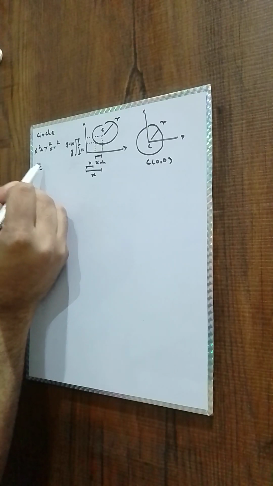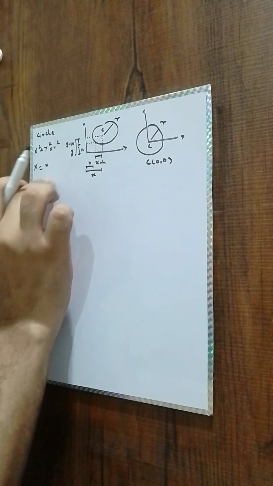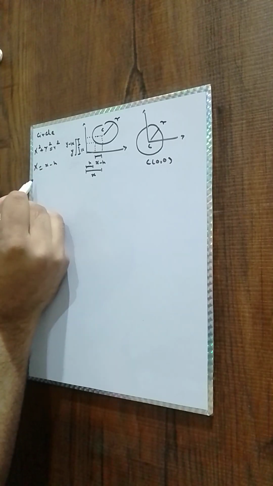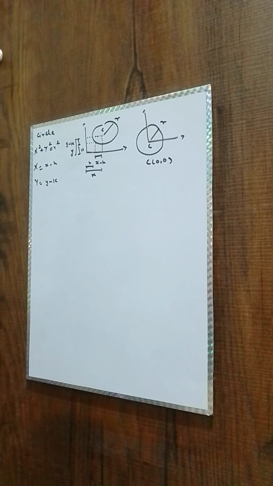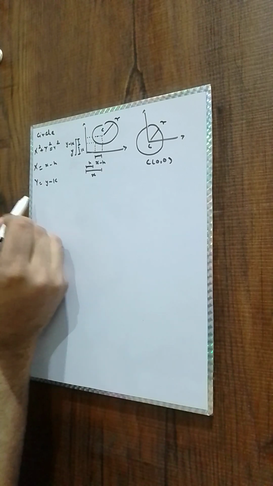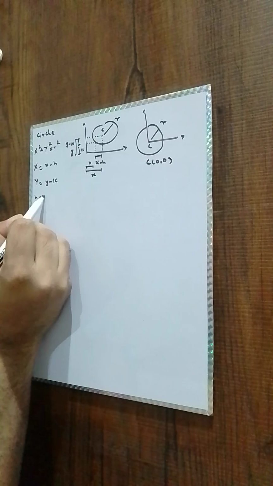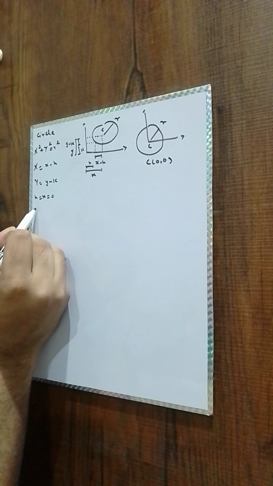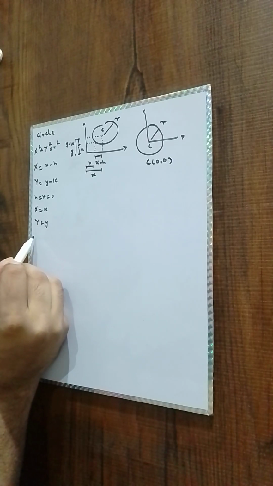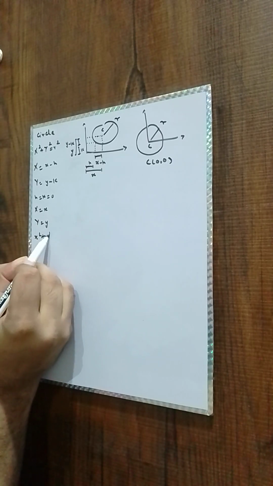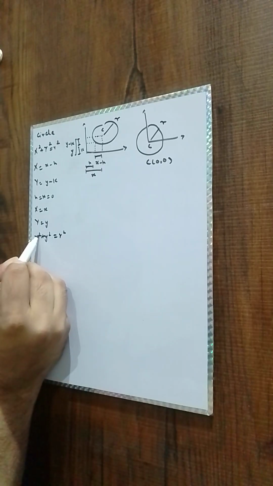So x is equal to x minus h and y is equal to y minus k, as I showed here. And if the center is on the origin, then h is equal to k is equal to 0. So x is equal to x and y is equal to y. So the equation becomes x square plus y square is equal to r square.